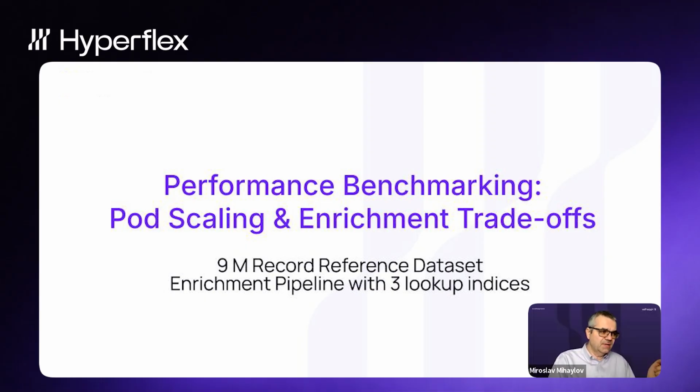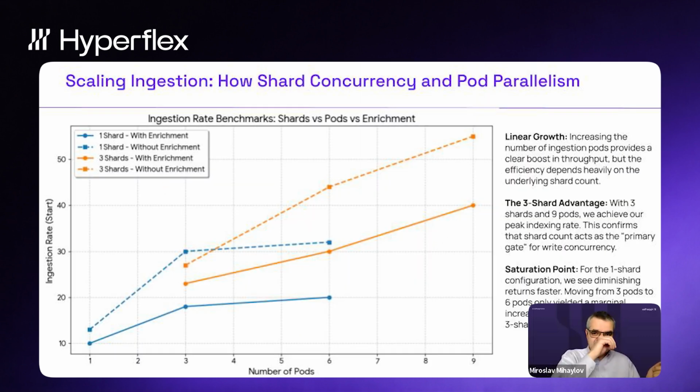So we did a quick benchmark for the reference data set with 9 million records and 3 lookup indices. Basically, we have 2 setups. One is a single shard, the blue lines, and the other setup is 3 shards, with the same data.